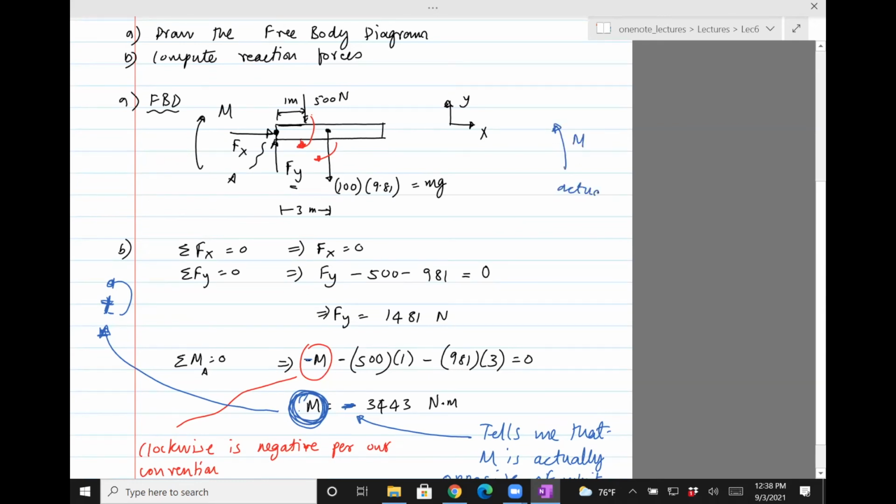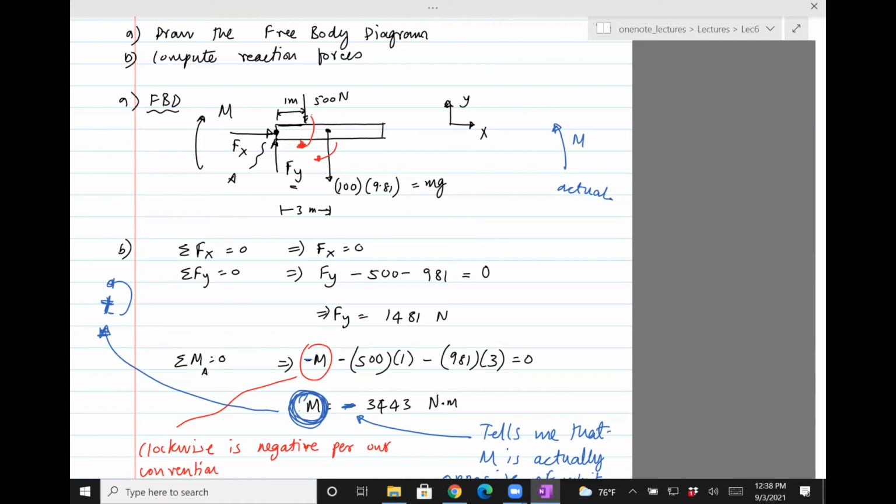This is the actual, and that actual is counterclockwise, and counterclockwise is positive. So the other way to solve this is to start off with the actual direction, and you see the answer is going to be positive, which is saying that you started off with the right direction for M.